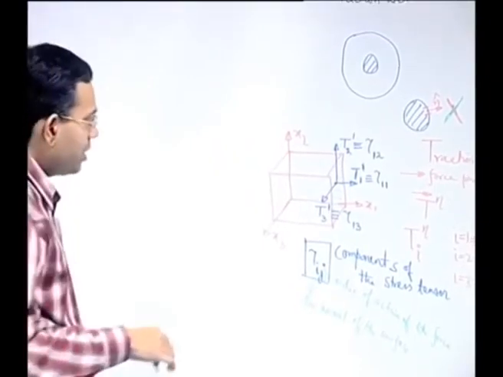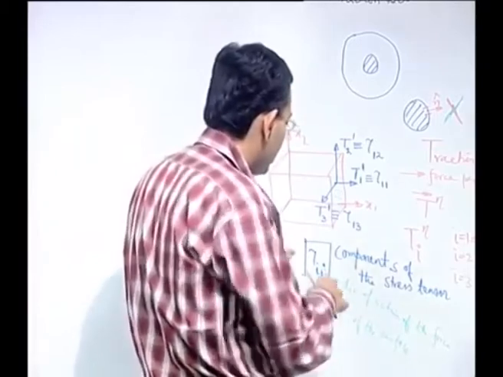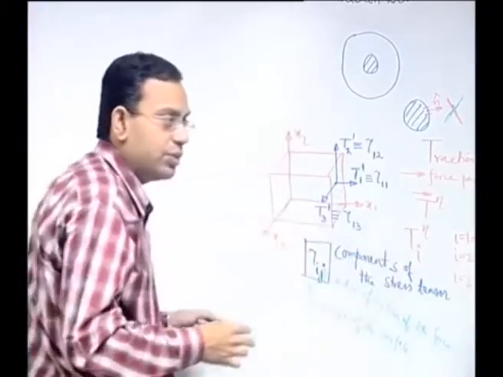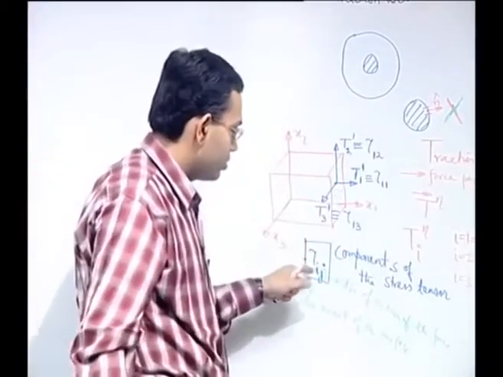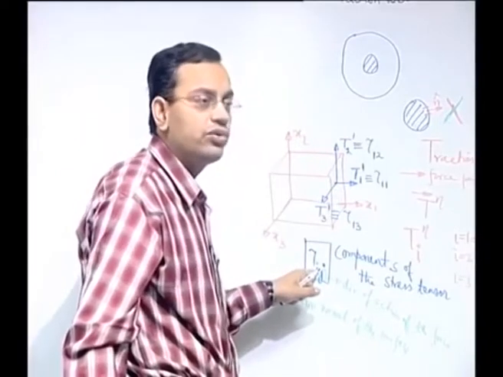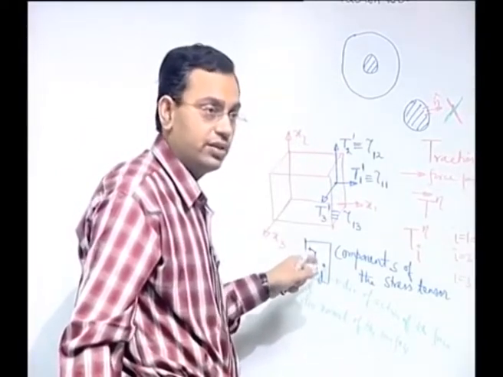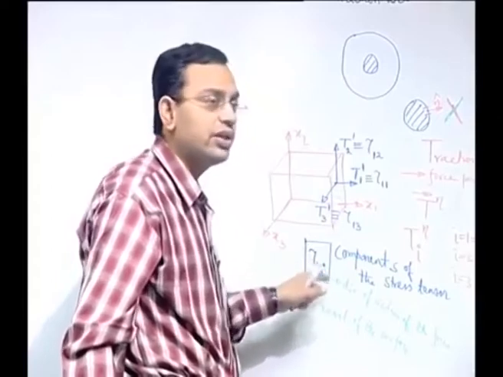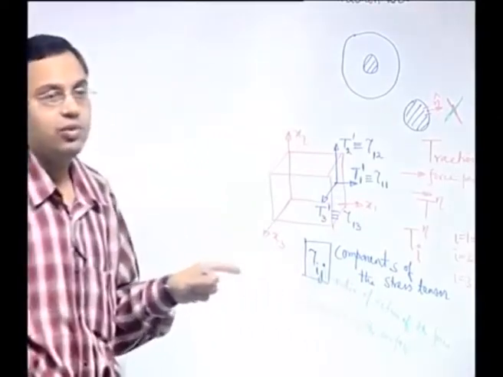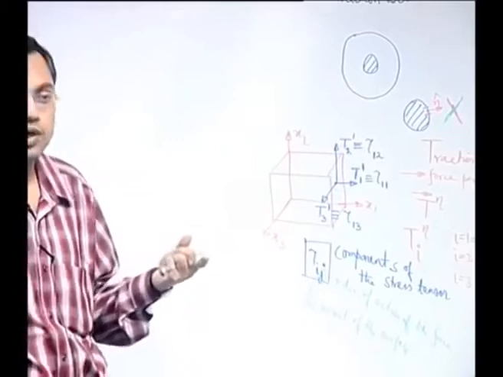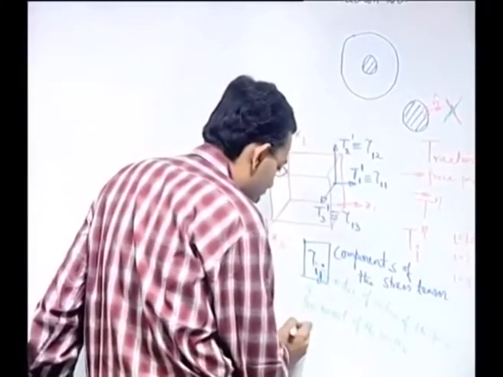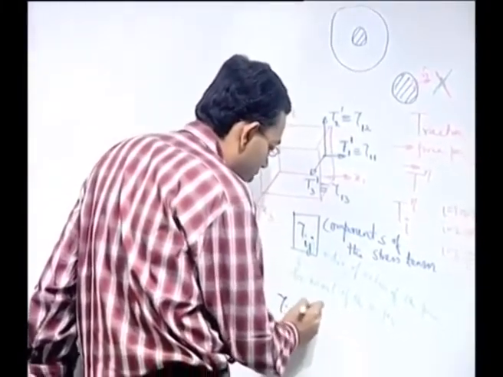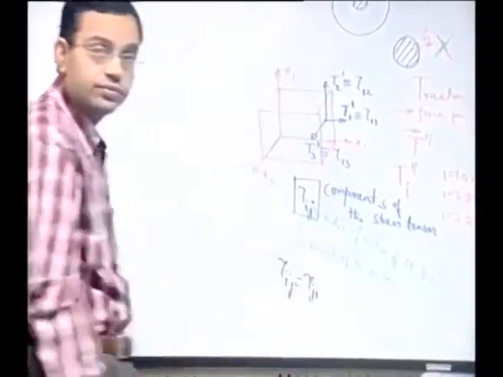Now the big question is that, if we know this tau ij, how many such components are there? I can be from 1 to 3 and j can be from 1 to 3. So you could have 3 into 3, 9 components, but you have 6 independent components, because it can be shown from the conservation of angular momentum that tau ij is equal to tau ji.